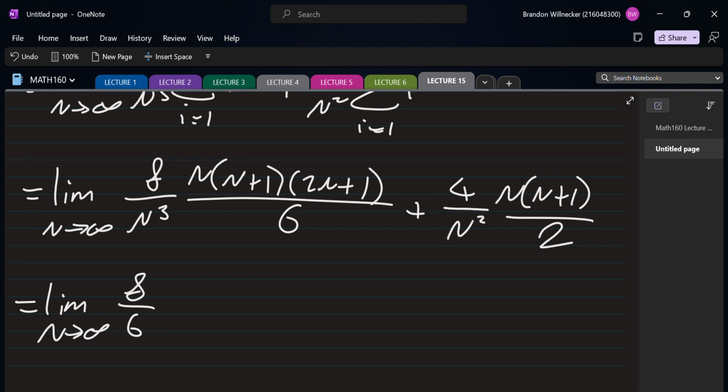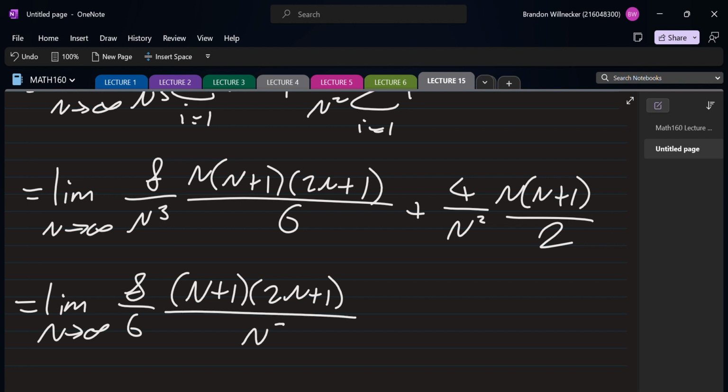We don't want that to bother us. n at the top, n cubed at the bottom, that's going to result with an n squared at the bottom. So let's leave this as n plus 1, 2n plus 1 over n squared. A little bit better. Please don't try to do everything on one line, unless you're comfortable with that. If you need to do multiple lines with small steps on each line, please do that.